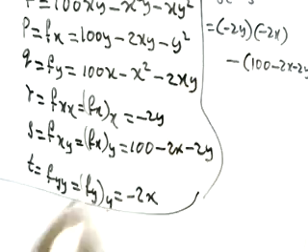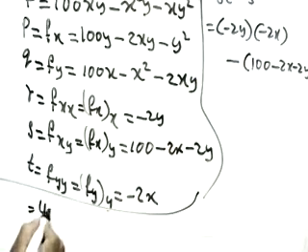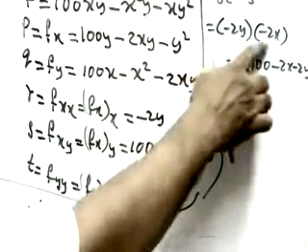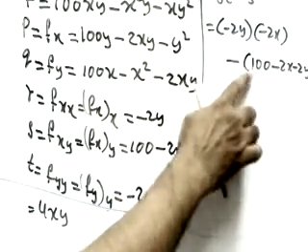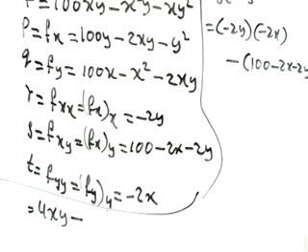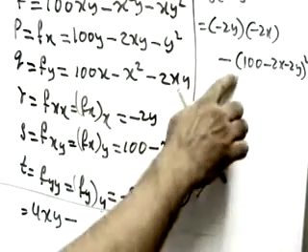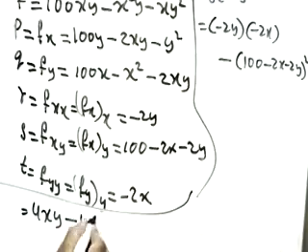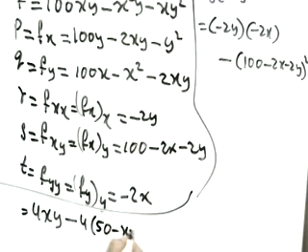Minus into minus plus is 4xy. If you take 2 common here, because it's whole square, 2 square will become 4. So if you take 2 common, it will be 50 minus x minus y whole square.